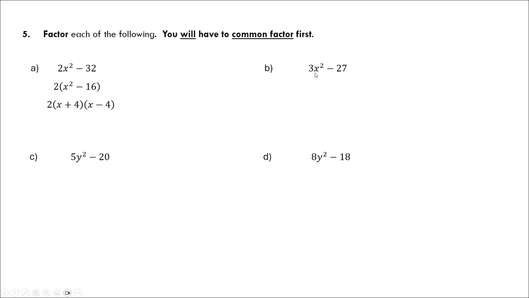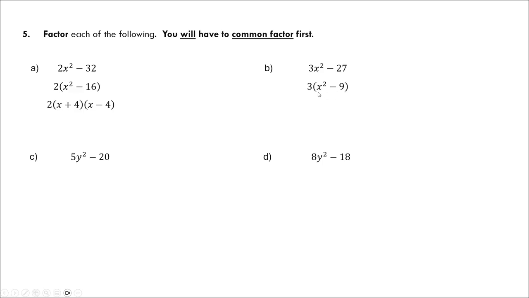Question B, once again, 3x squared is not a perfect square. 27 is not a perfect square. But the greatest common factor between 3x squared and negative 27 is 3. So if we first factor out the greatest common factor, we arrive at 3 bracket x squared minus 9.